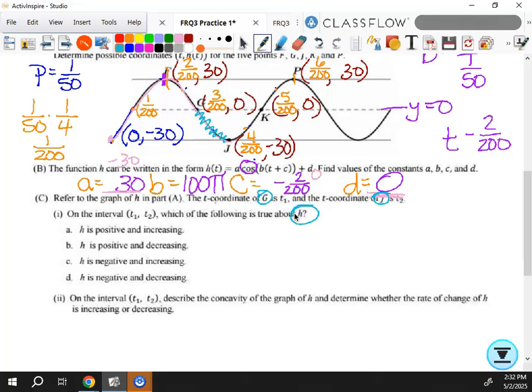I don't have a fun chart because nobody's asking me about rate of change. Function increasing or decreasing? Decreasing. Okay, so I'm going to eliminate those. Is the function positive or negative? Negative. Now, I know it starts at 0, and 0 is not positive or negative, but look, it's not included. So that's what makes it just negative.